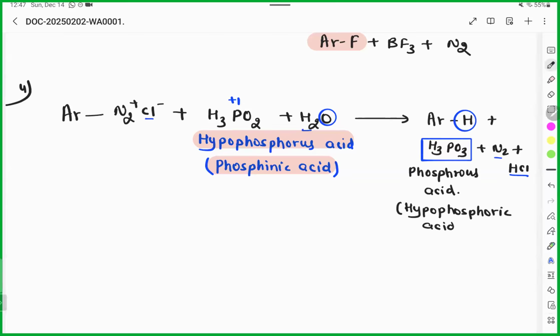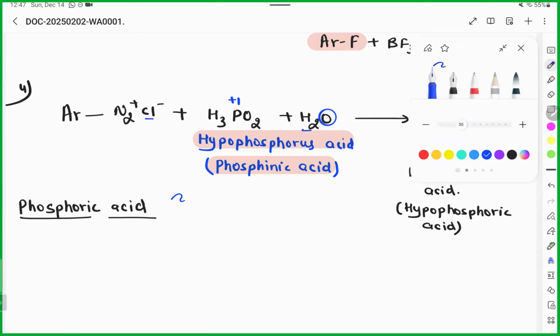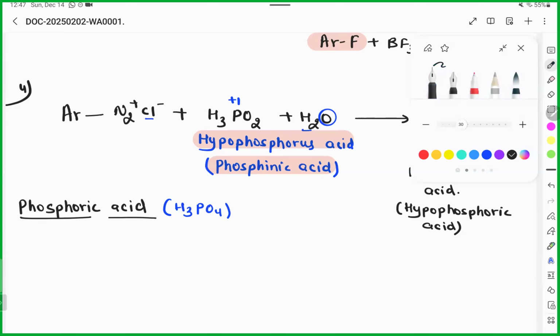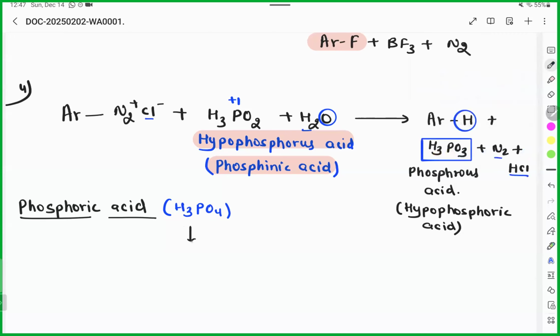Anvita, so what is phosphoric acid? H3PO4. This is phosphoric acid. If you reduce one oxygen from this and form H3PO3, then it will be hypophosphoric.